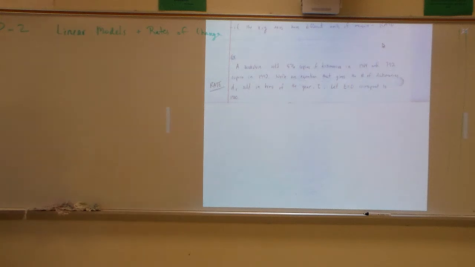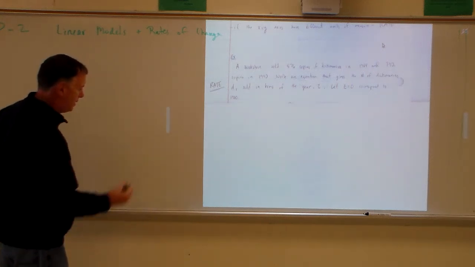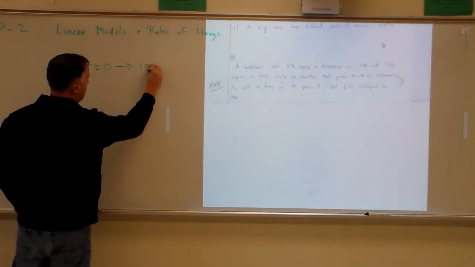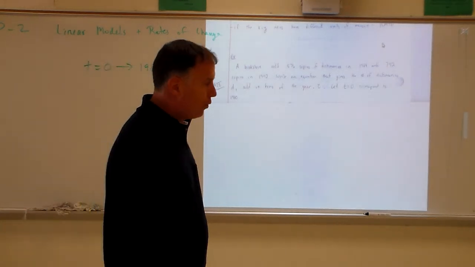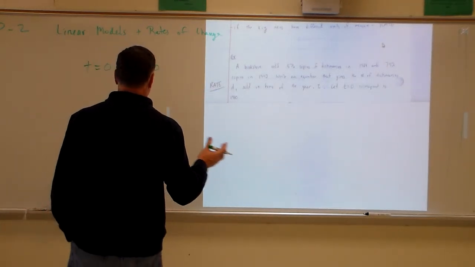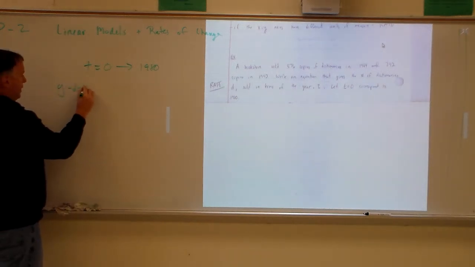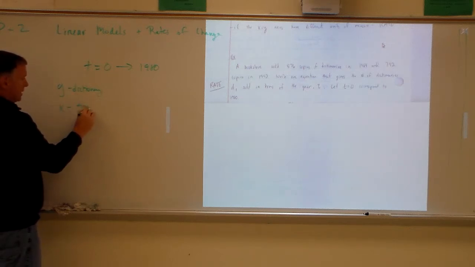Okay? So T equals 0 corresponds to 1980. That's the first thing I got to do. Now, they're giving you ordered pairs. We want to know how many dictionaries were sold over time. So that means that Y is going to be the dictionaries, and X is going to be the time.